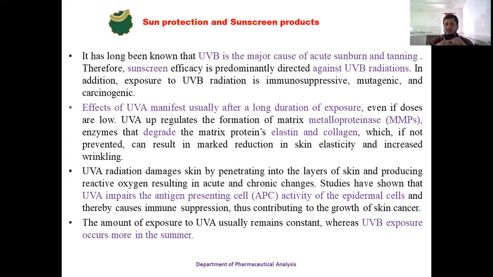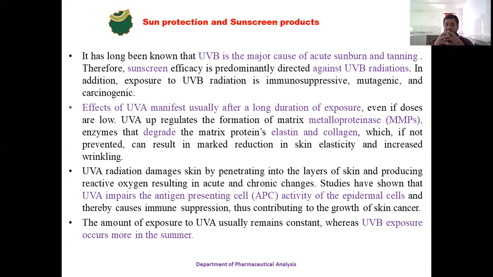In our skin there are elastin and collagen, both proteins. Elastin is useful for skin elasticity: if we press our skin, then whenever we remove our finger it comes back to its original shape. Our skin has strength because of the collagen. Both proteins are very important for our skin.